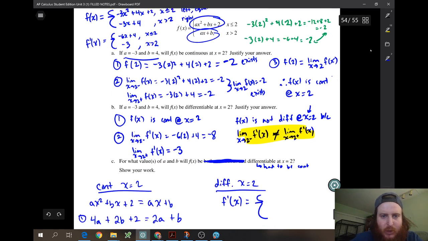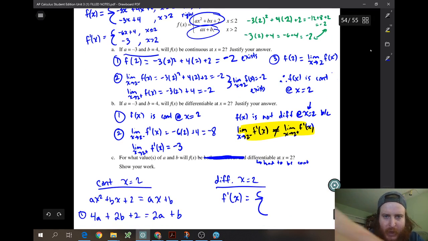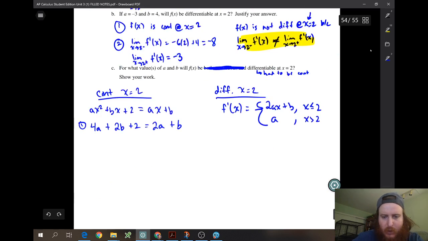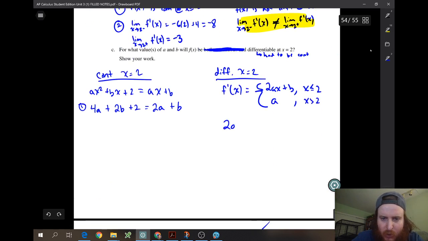So 2ax plus b, right, we're doing the derivative of ax squared, will be 2ax plus b when x is less than or equal to 2. And the derivative of ax is just going to be a, the derivative of the b part goes away when x is greater than 2. So we're going to set those equal to each other. So 2ax plus b will need to be equal to a. We're going to plug in 2 for x. So that's 4a plus b equals a. So this is our second equation.